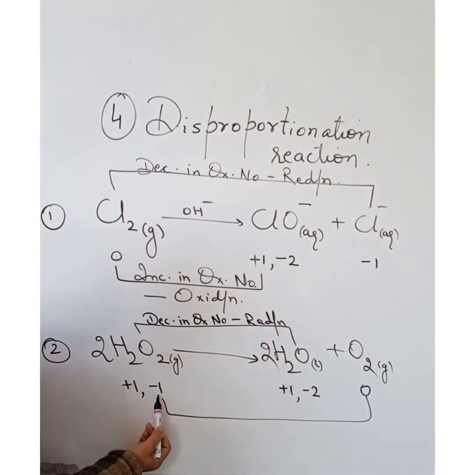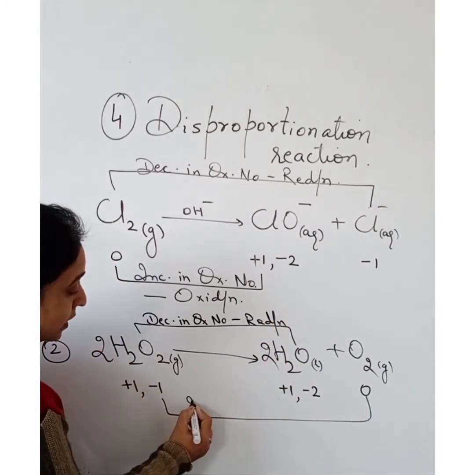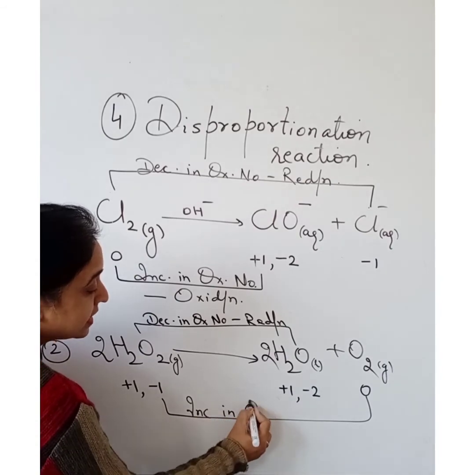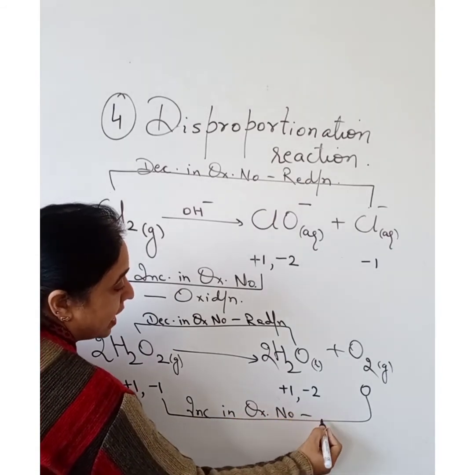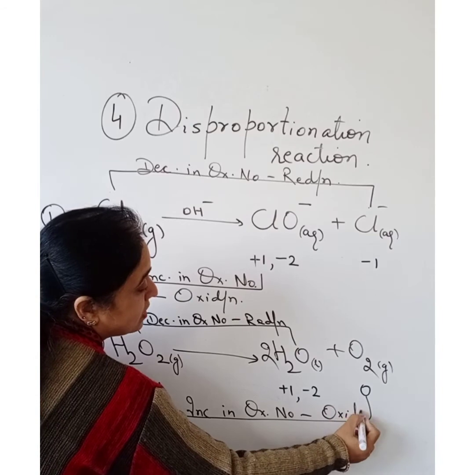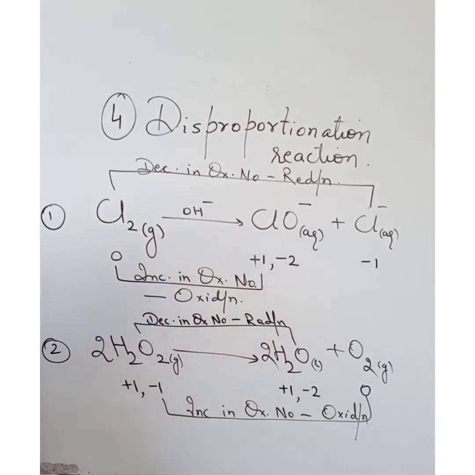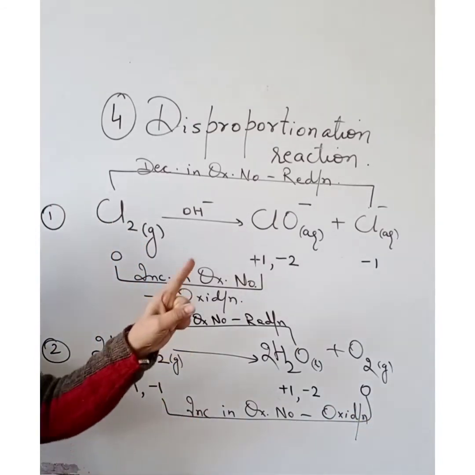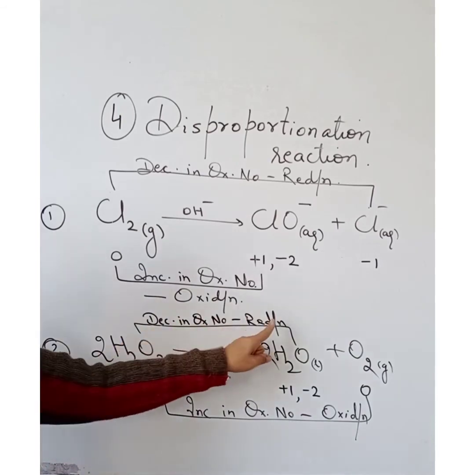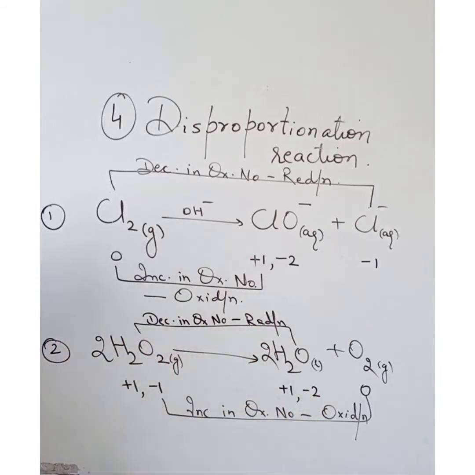Similarly, -1 is changing into 0, increase in oxidation number, and this process is known as oxidation. That means it is a redox reaction, and the same element oxygen is undergoing reduction as well as oxidation. That means it is a type of disproportionation reaction.